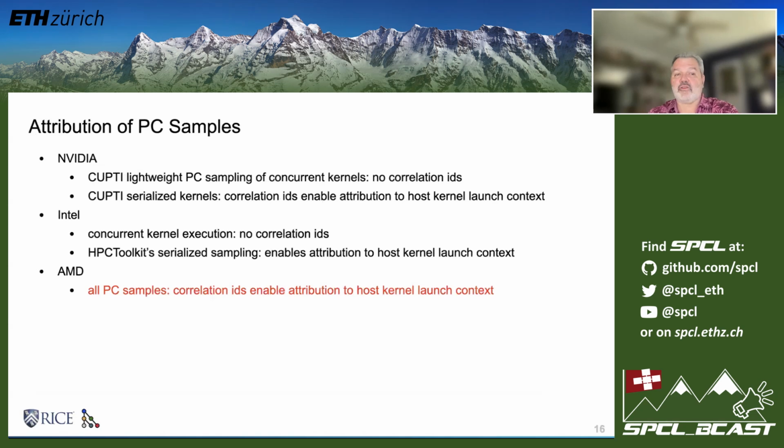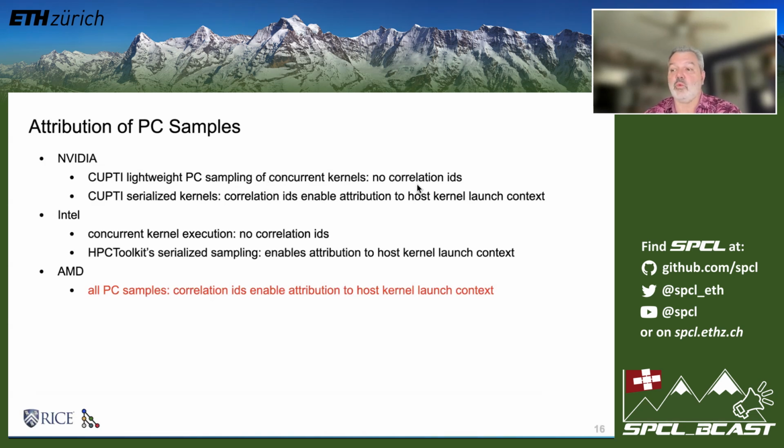For the attribution of PC samples in NVIDIA GPUs, their CUPTI performance tools interface will provide attribution for serialized kernels. We get correlation IDs that enable us to attribute these to the kernel launch context. If we're not serializing kernels and we're collecting data about concurrent kernels, then in fact we get no correlation IDs.